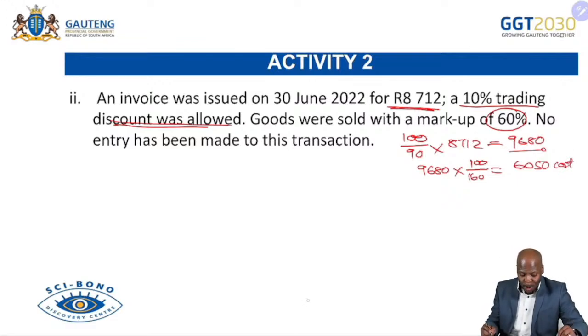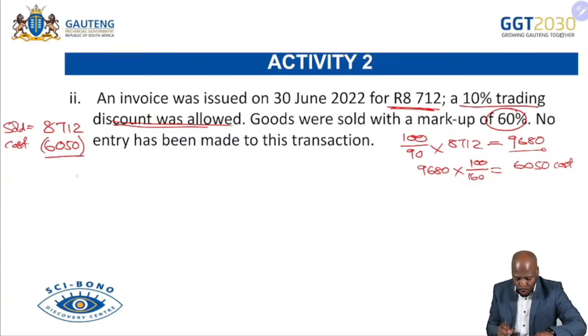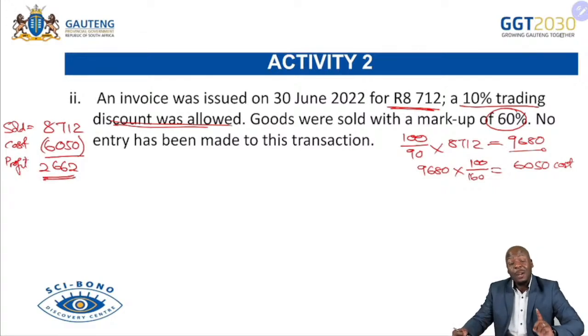So I now know that these goods I have sold for 8,712, but their cost is 6,050. So if I get the difference between these two amounts, it should give me 2,662. That should be the profit, therefore, on this invoice that was not recorded.